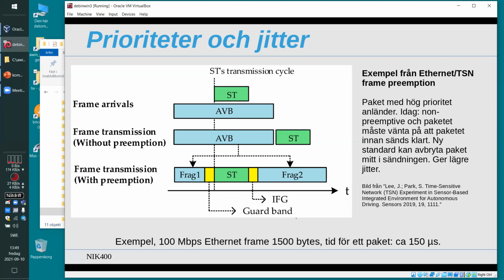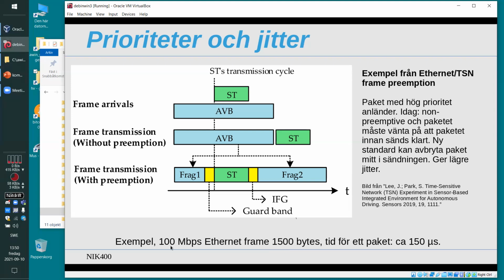And how much can the delay in the worst case become? Well, this is an example. If you have normal 100 megabit per second Ethernet, one frame has a maximum size of 1500 bytes.